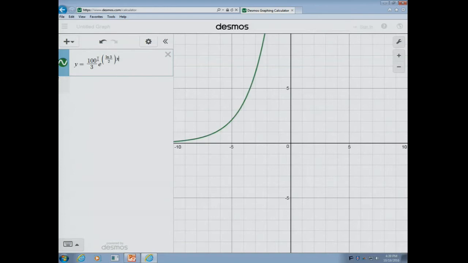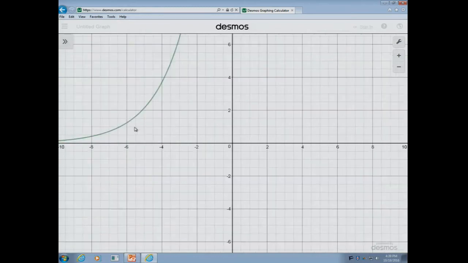There it is. So we have a nice exponential curve right here. Except it's back here in negative day territory. We don't deal with negative days, right? Negative days don't make sense.